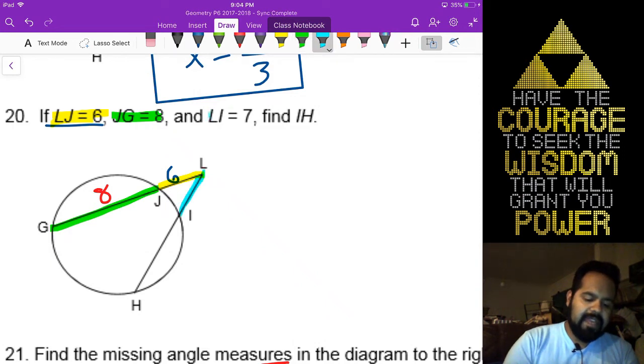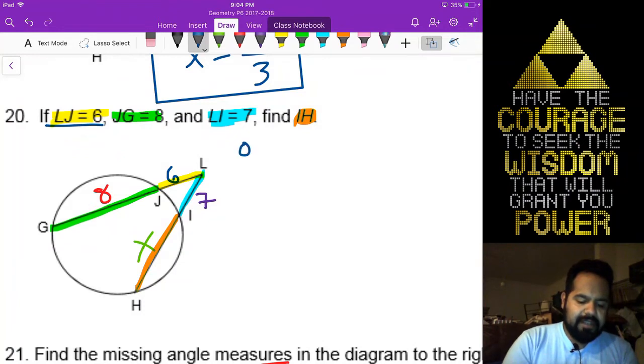Bad joke, I know. I want to find IH. We call that x. So again, this is literally screaming to us outside times whole equals outside times whole.